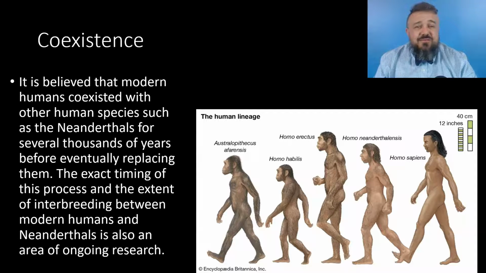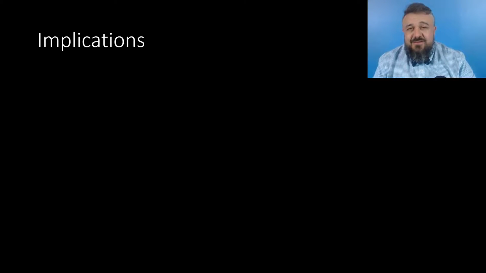What is really cool about this is, for a long time, we thought that it was us who, through violence, destroyed the competition. But it turns out it may have been more a case of us breeding together and becoming one, which means we probably weren't as far separated as we thought. And we can still find Neanderthal DNA in humans today. If you've got red hair, there's a very good chance that one of your ancestors was a Neanderthal.